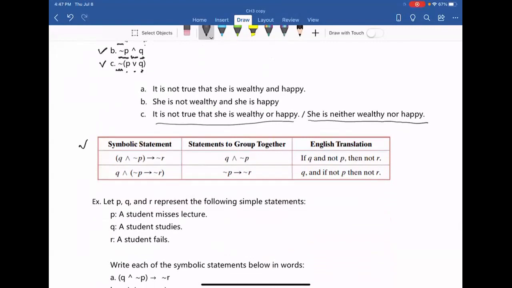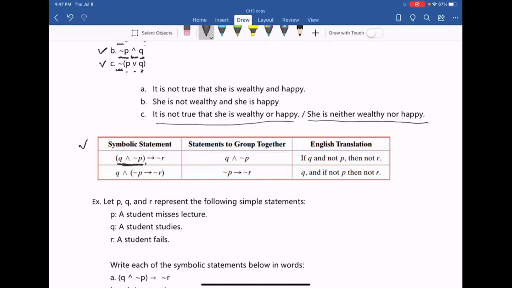Symbolic statement to group together. Okay, if you see there are parentheses in your compound statements, you had better group them and then use a comma to tell the reader that the parentheses go first.